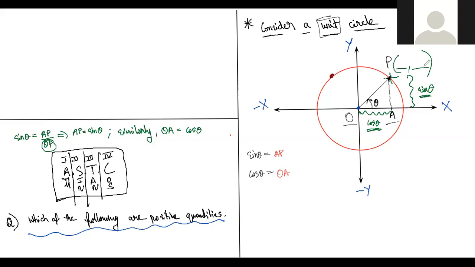Yes, OA comma AP, but that is nothing but cos theta comma sine theta. So this would be cos theta comma sine theta.